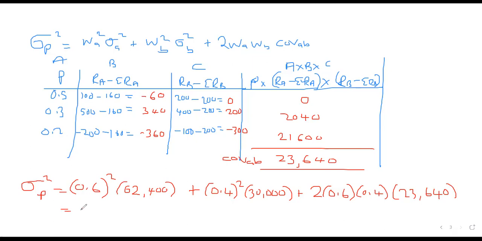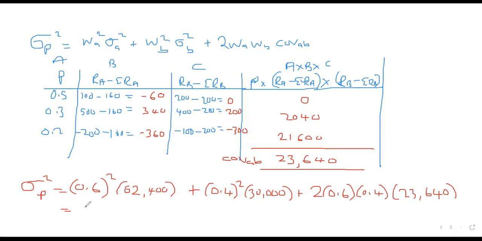Then you just evaluate this entire block. So 0.6 squared times what? 62,400 plus 0.4 squared times what? 30,000 plus 2 times 0.6 times 0.4 times 23,640.